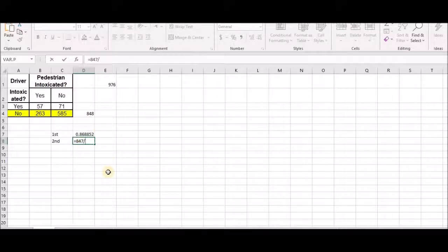Out of how many pedestrian deaths in total, in this case, are we selecting? Since we selected our first one, we have only 975 left to choose from. So I subtracted that from the total number of pedestrian deaths. So this is my second probability.